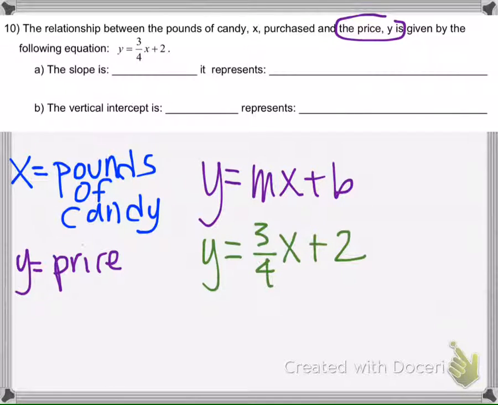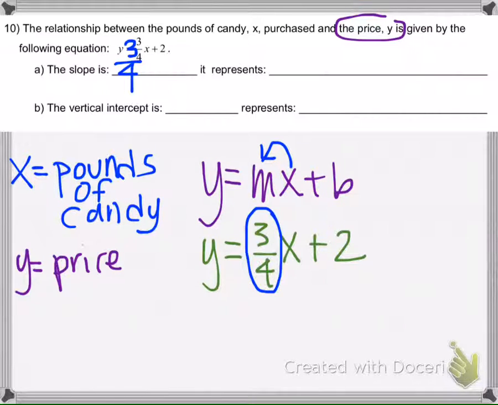I'm not writing it all out detailed or precise, so that way I can see easily what the X and the Y represent. So it says I need to tell what the slope and the vertical intercept represent. So we know that the number in front of X, or in front of the variable, is the slope or the rate of change, which is 3/4.